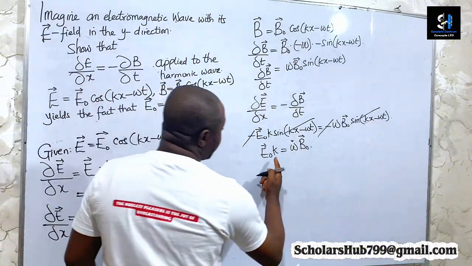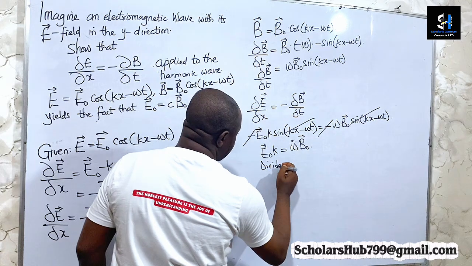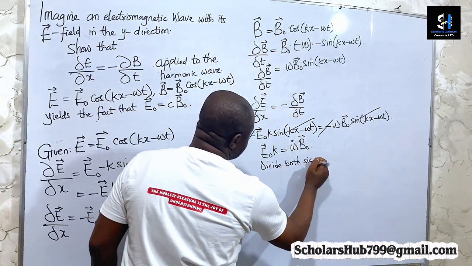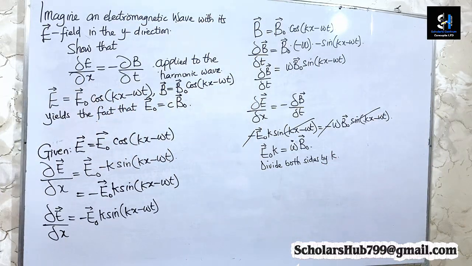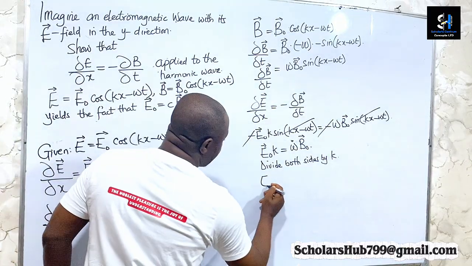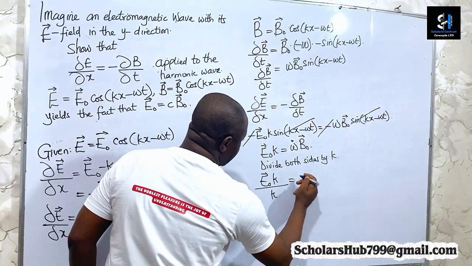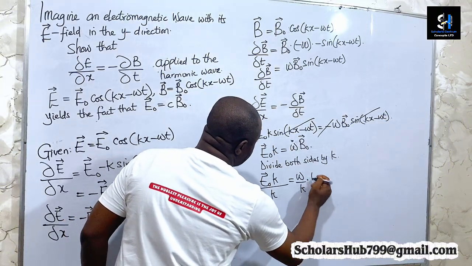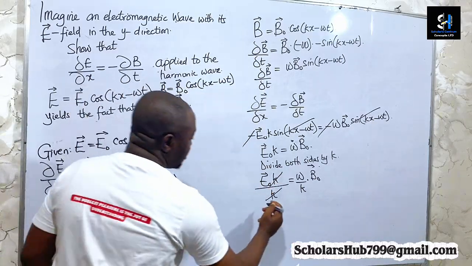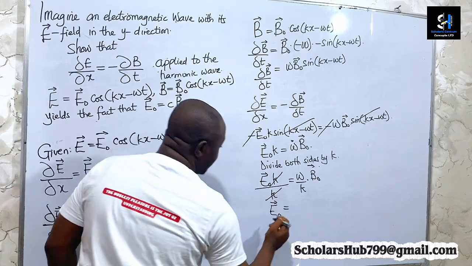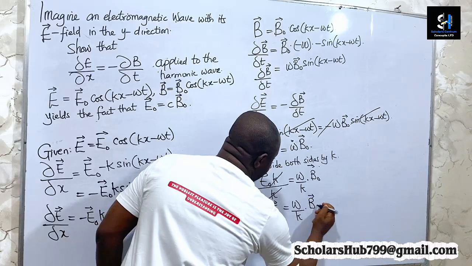And now I'm going to divide both sides by k, which is the propagation constant or wave constant. So we're going to have E naught times k over k equals w over k multiplied by B naught. So k cancels k, and we'll be left with E naught equals w over k multiplied by B naught.